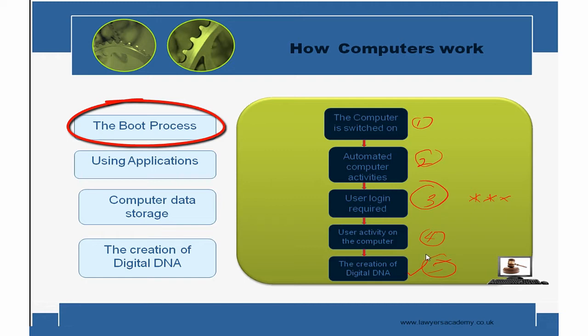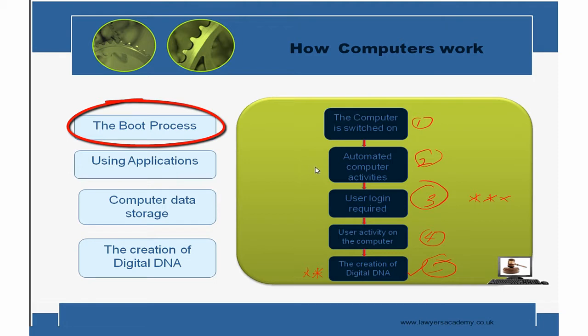So in terms of investigating computer evidence, this is precisely what the investigator is looking for. The investigator is looking for digital DNA that was created by the user during the use of the computer, or digital DNA that was automatically created by the computer.